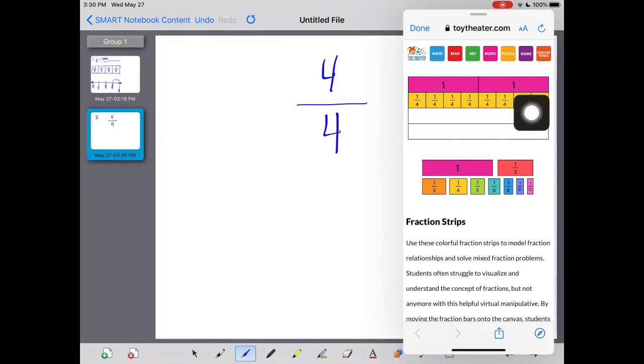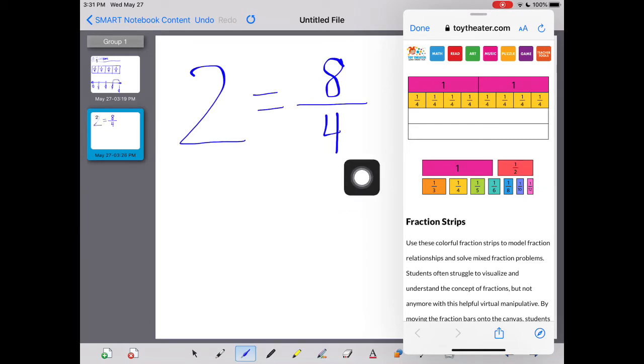But you have 2 candy bars, so you have 4 pieces plus 4 more pieces. So instead of having 4, you have 8. So 2 wholes equal 8 fourths.